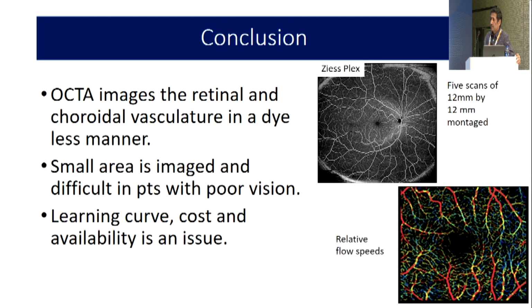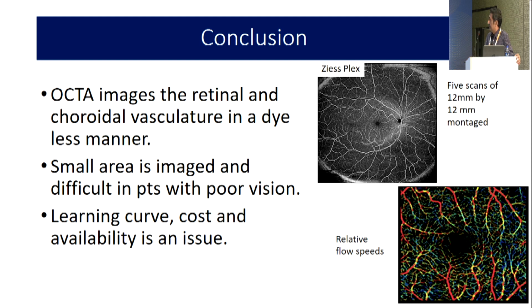So basically, to conclude, OCTA images the retina and the choroidal vasculature in a dyeless manner, but the disadvantages are that a small area is imaged, it is difficult in patients with poor vision, and learning curve, cost, and availability are an issue. But now we have new machines which give a broader, larger area, and new prototype machines have given us flow speeds also.